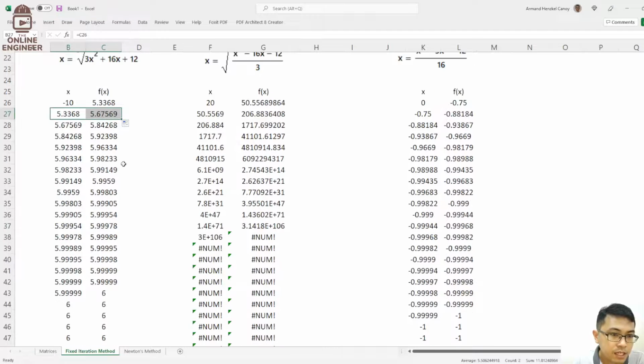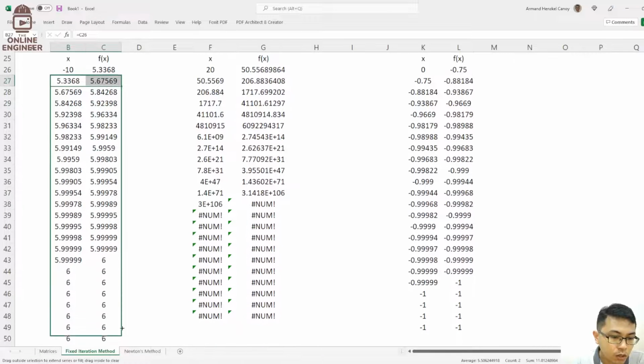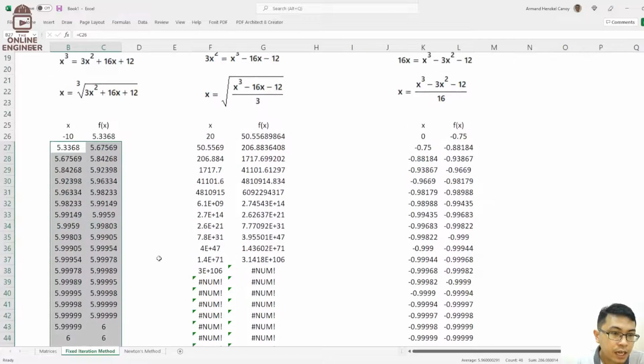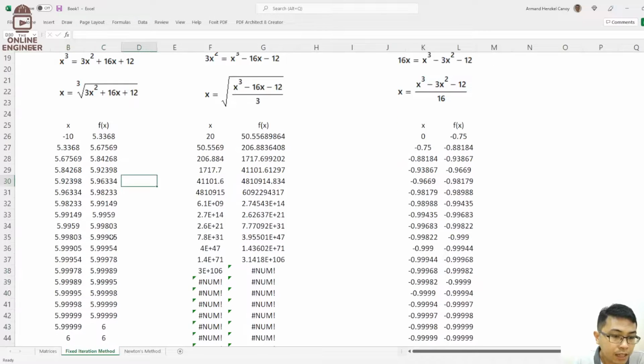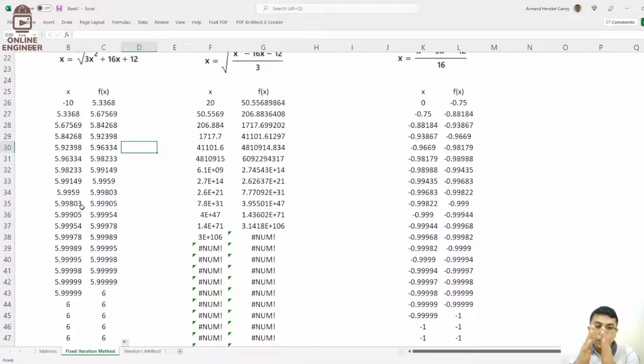Then select the two cells, select the autofill toggle, and scroll all the way down so that it will iterate over these values for x that we have substituted. Okay, when we say iteration, it repeats over and over until it converges. It reaches a final value, and that value is 6.